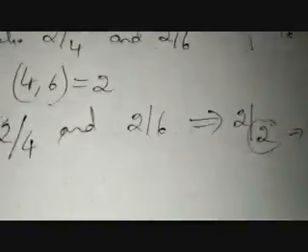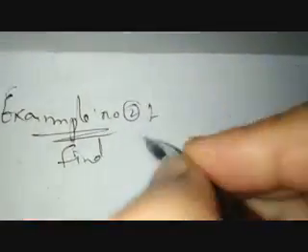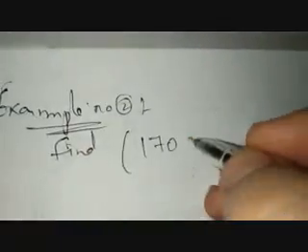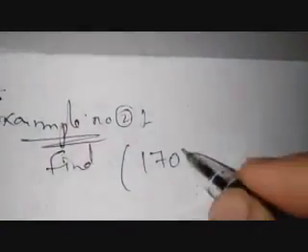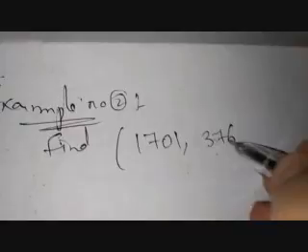I will take another example here. Example number 2: find the GCD of 1701 and 3768.